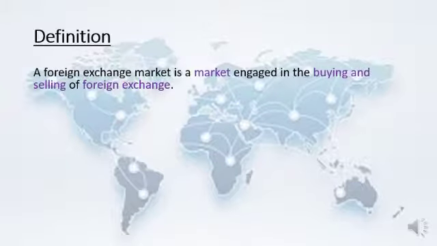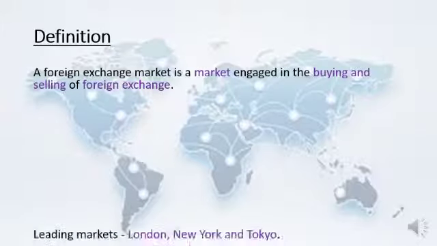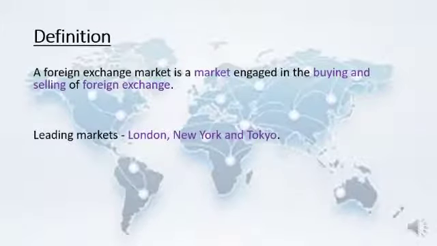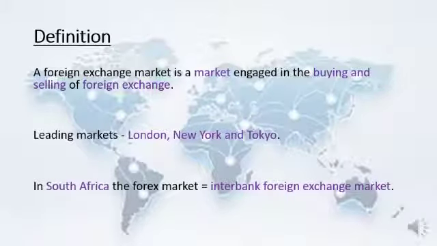So a foreign exchange market, therefore, is the market engaged or involved in the buying and the selling of foreign exchange. Our main leading markets are, as we discussed in the circular flow model, London, New York, and Tokyo. And in South Africa, the Forex market we also call the Bank Foreign Exchange Market.